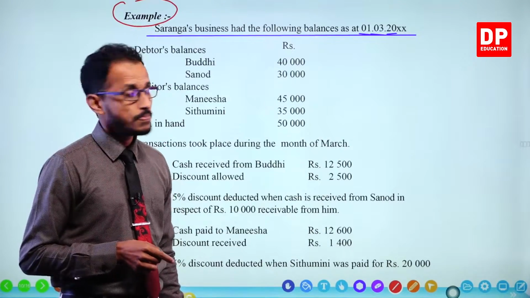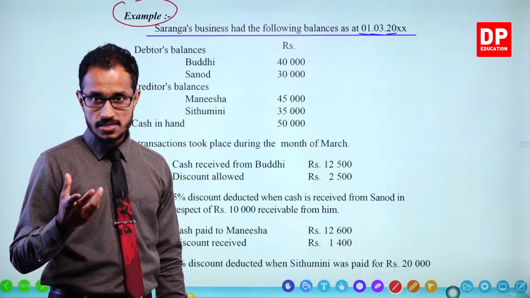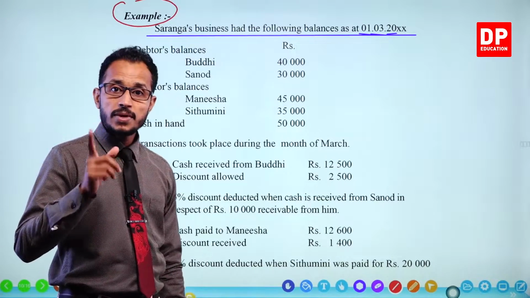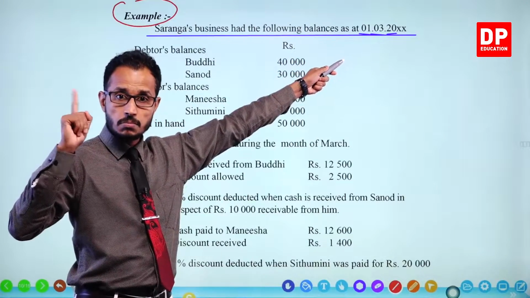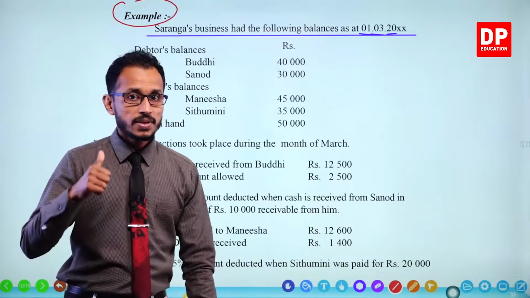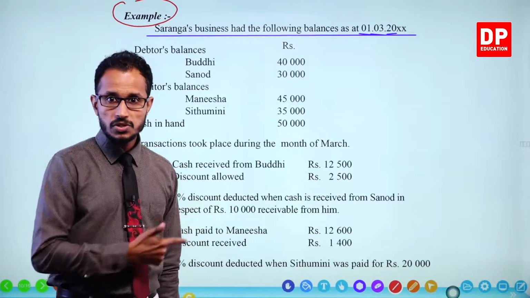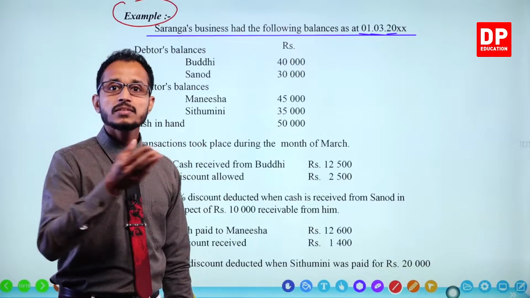Following balances were given, which means in Saranga's business, the balances have been remaining as at 1st March. What have we discussed in our previous sessions, children, about these type of questions?